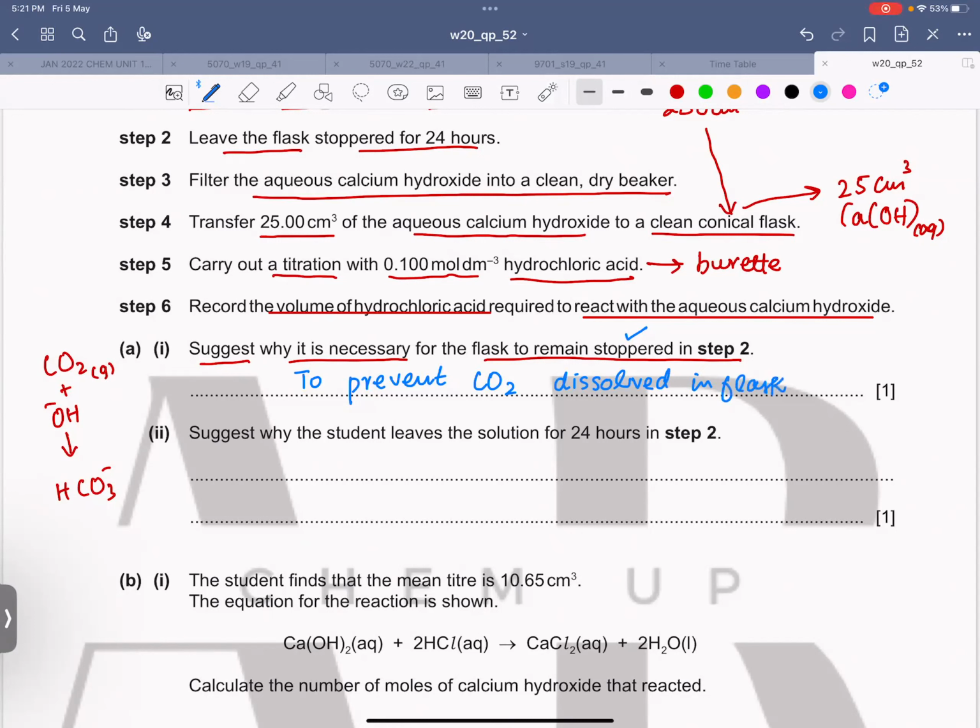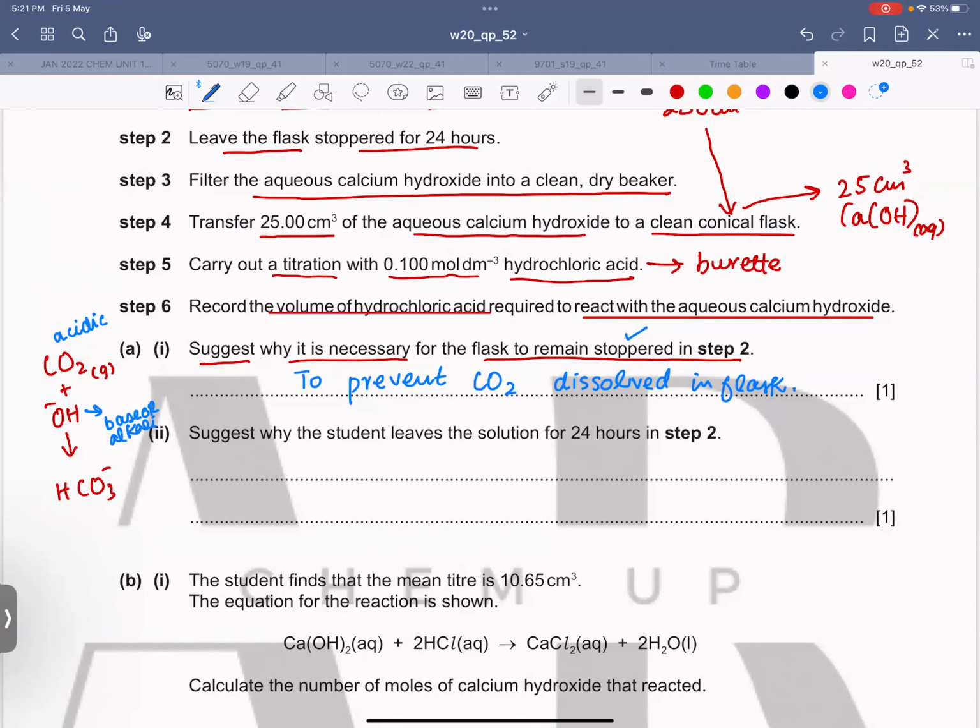Is this clear to everyone? Okay. And it is because carbon dioxide is acidic and our solution contains a base or an alkali. That's why we have to keep them separated from each other.